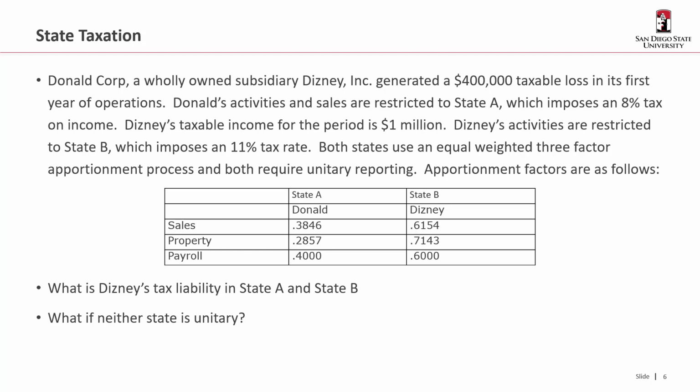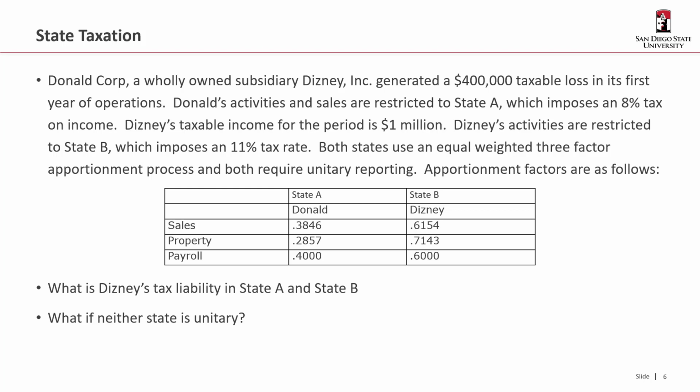Both states use an equal weighted 3-factor apportionment process, and both are unitary. So if the apportionment factors are as follows, and I'm just giving those to you, you don't have the data to calculate them, but let's presume for a second I've given them to you. What is Disney's tax liability in state A and state B? And then what would it be if they weren't unitary states?